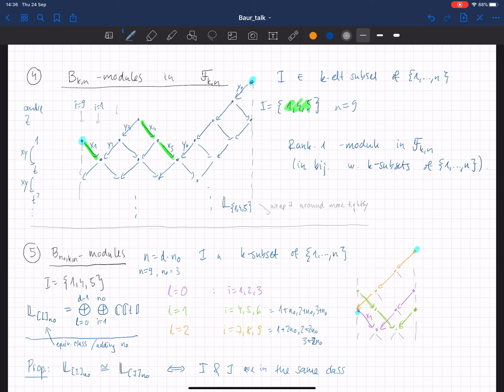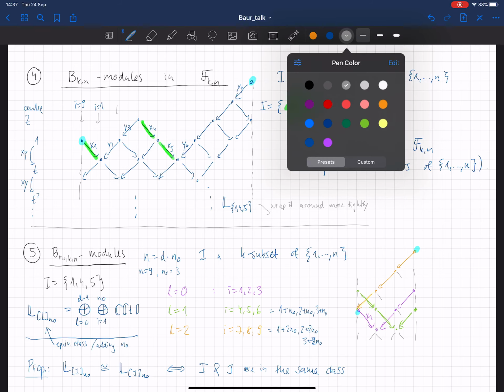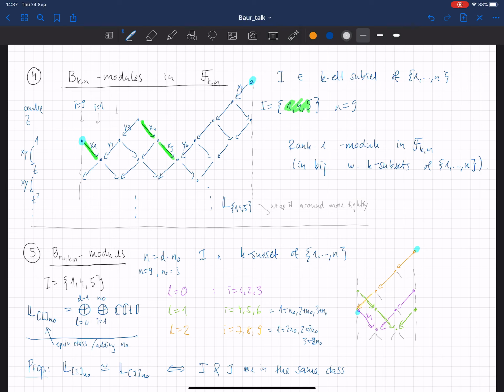Well, we have chosen n0 to be a factor of n, because we started with an orbifold point, and with the orbifold diagram we went to n equals d times n0. So we can keep with our example, and n0 is 3. So instead of going around the whole cylinder, we want to stop after 3 steps, 1, 2, 3, and then again 1, 2, 3 and 1, 2, 3, and wrap this around tightly.